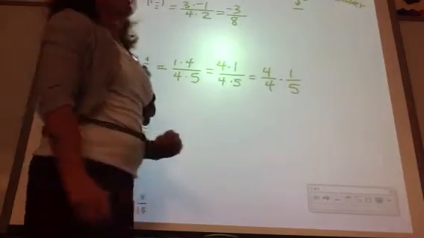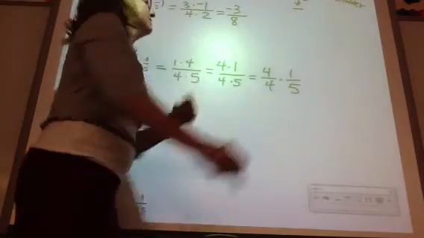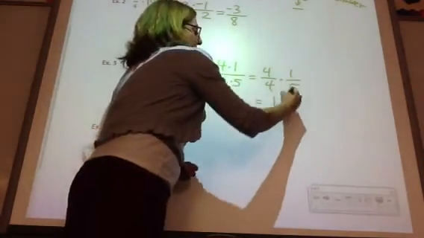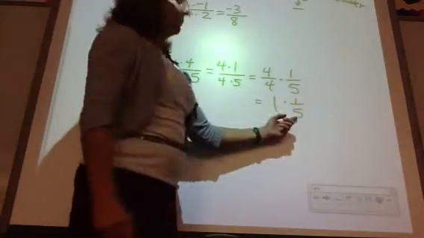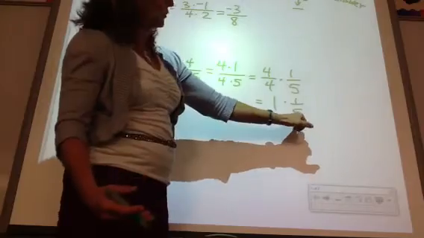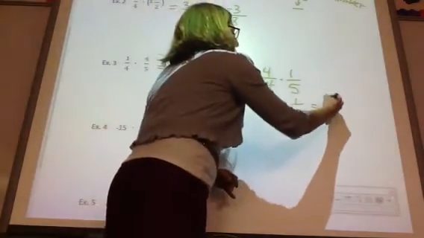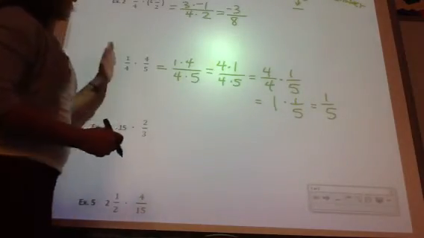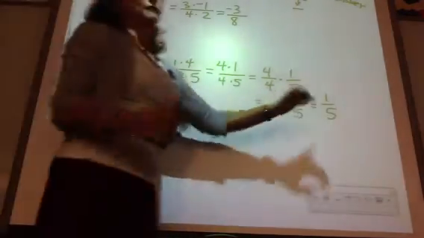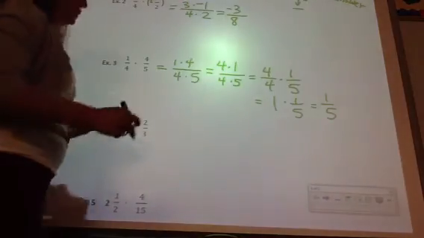So 4 over 4 is the same thing as what? 1. Good. And if I take 1 times 1/5, of course, when you take 1 times any number, the answer is going to be that number. So my answer is going to be 1/5. So we know that 1/4 times 4/5 is 1/5. And there's a shorter way to do that, but I want you to see why.